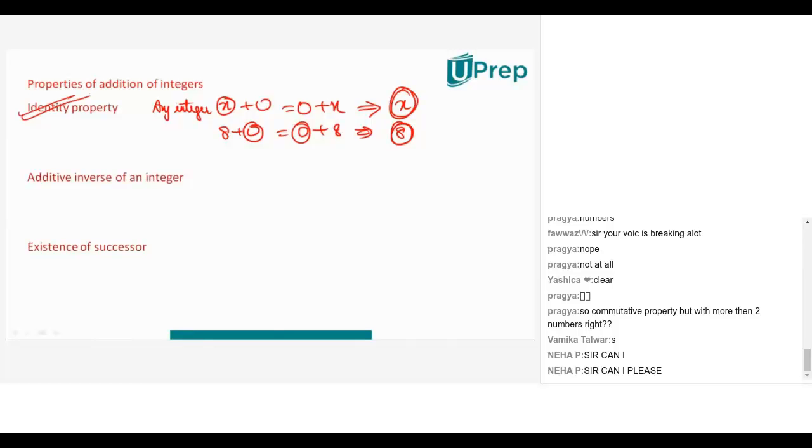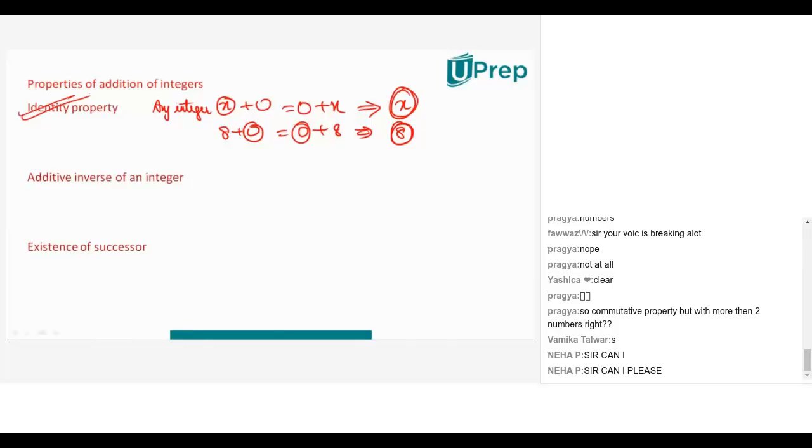Okay. In commutative property, we did not have 0, basically. When I am talking about identity, I am talking about a specific number, 0. In commutative property, A plus B or B plus A were the same. Identity property is an extension of that, where instead of A and B, one of them is 0. Because of which, when we add 0 to any number, the number is not changing. That is the only difference.